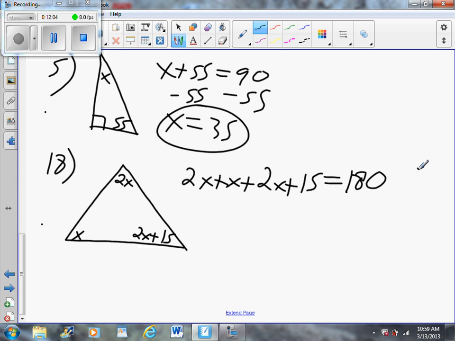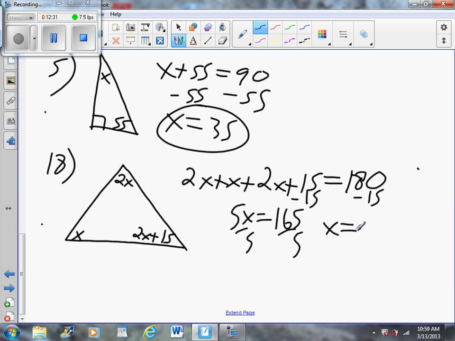We're going to collect our X's. How many X's am I going to have? 5X. If I subtract 15 from both sides, then I get 165. Be careful. It would be easy to say 175, wouldn't it? Or maybe 155. It's going to be 165. Divide by 5. And what's it going to be equal to?